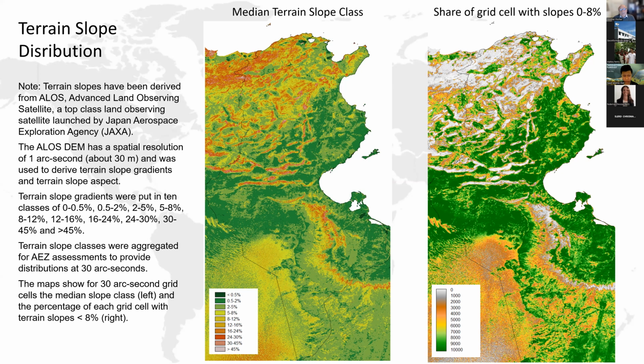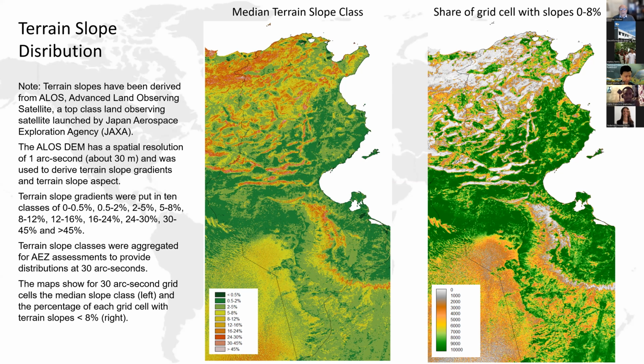These terrain slope gradients are then put into 10 classes. They are listed here, 0 to 0.5%, etc., up to more than 45% slope gradient. And this class information is assembled and aggregated to 30 arcseconds.